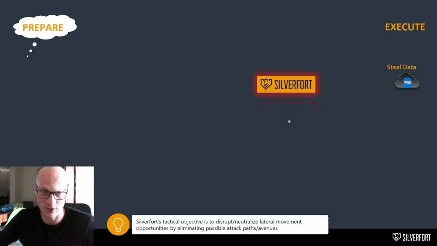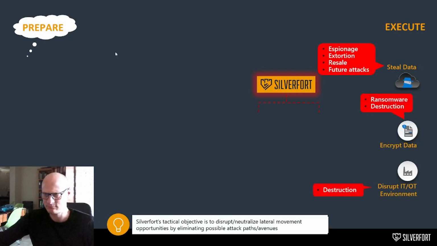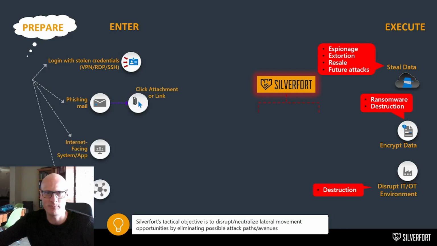So firstly, I just want to show you where Silverfort fits in. I've got a little graphic where the threat actor is thinking and preparing how he or she is going to get into the environment. They are scanning the internet and looking for a way in. We have stolen credentials that they can use to log in via a VPN, RDP or SSH.